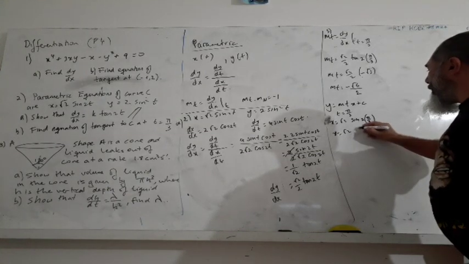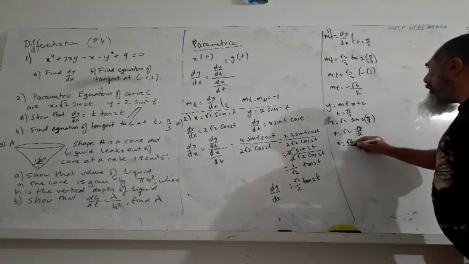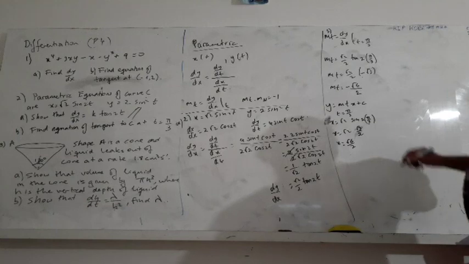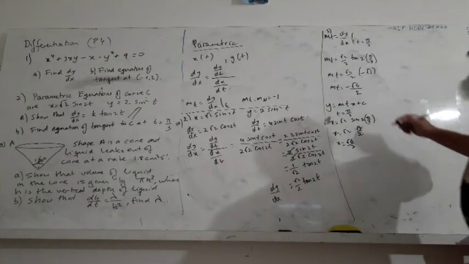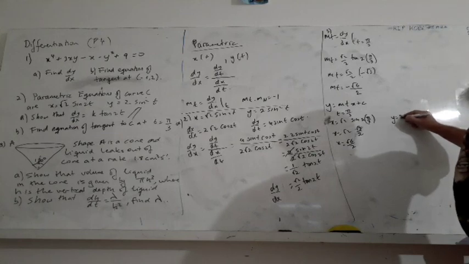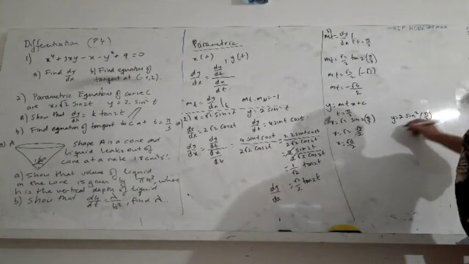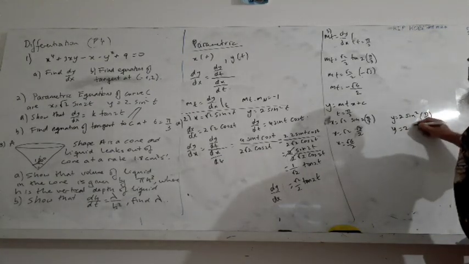So x is equal to root 6 over 2. And when t is equal to pi over 3, y is equal to 2 sine squared pi over 3. y is equal to 2 times root 3 over 2 squared.